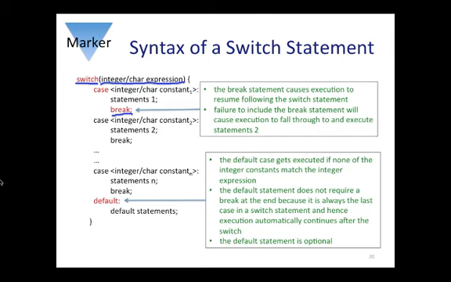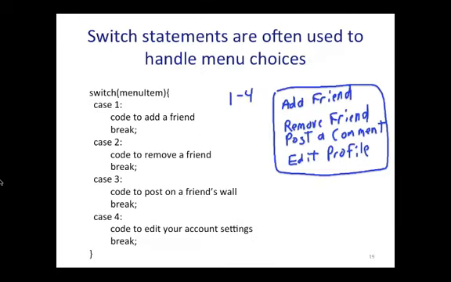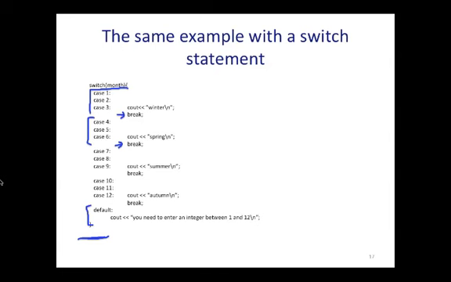Okay? And each case statement has to be a single character or integer. You can't write, say, case 1, 2, 3. That doesn't work. You'd have to do it like I did it back here, where I cascaded them: case 1, colon, case 2, colon, case 3, colon.